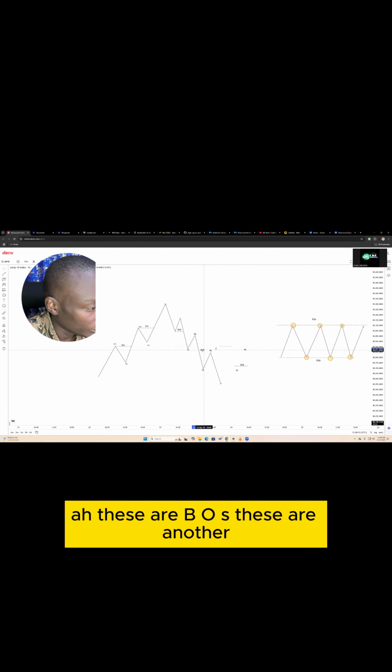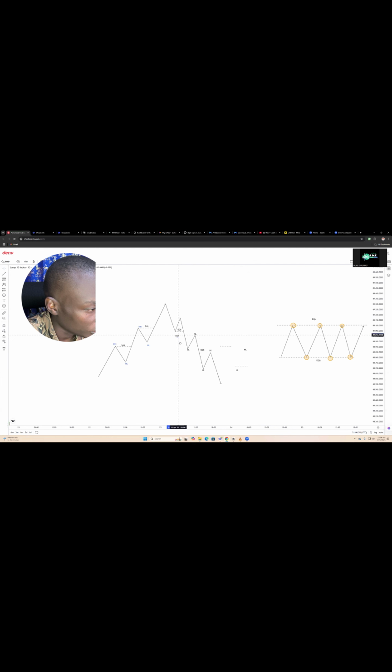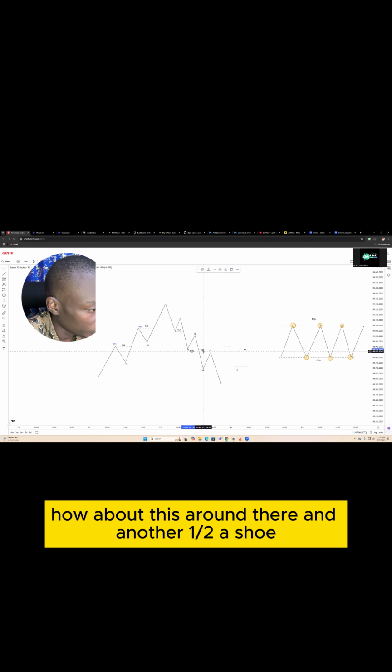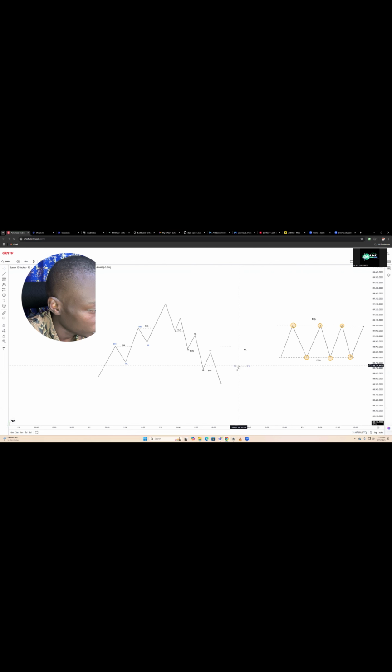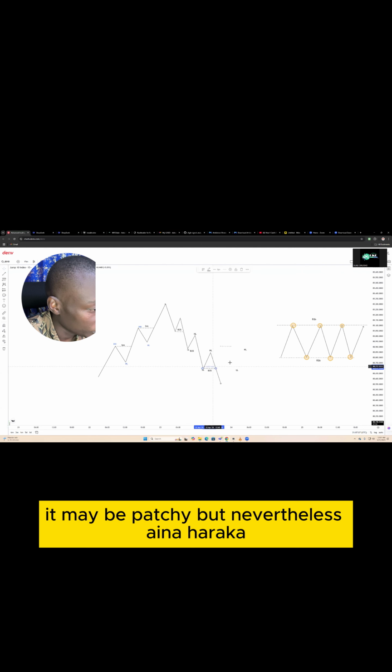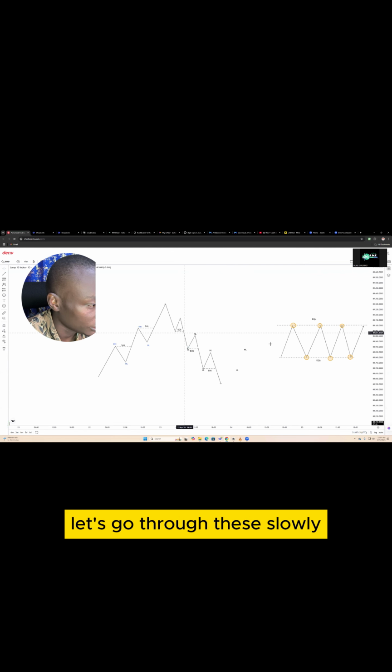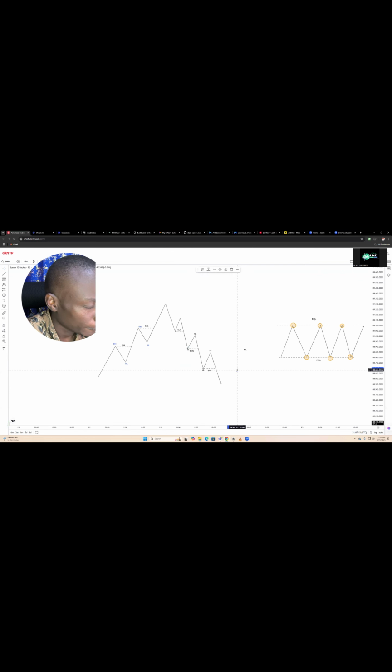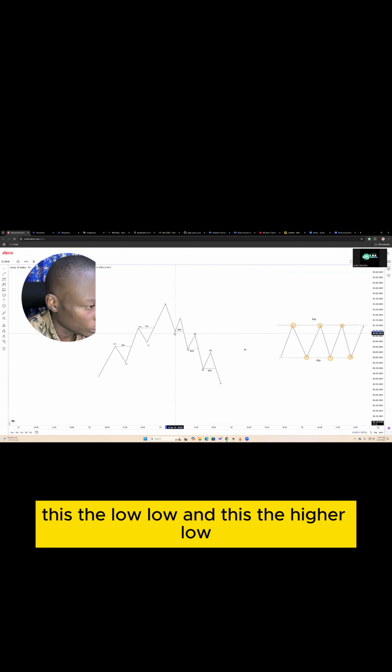These are POS. These are downtrend. Have a POS around there. Another one hapa chini. Tumejipatia kazi, but nevertheless haina haraka. Let's just go through these slowly. This is the low, and this is the higher low.